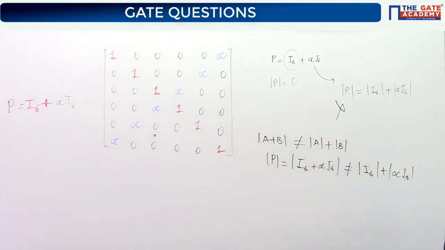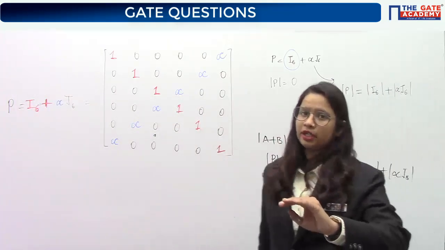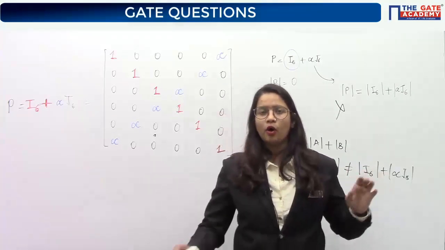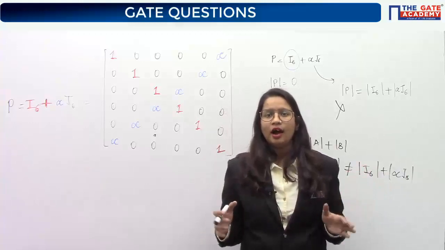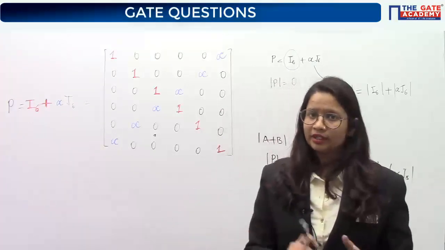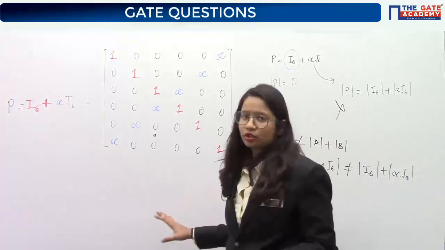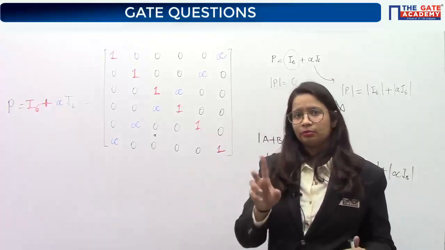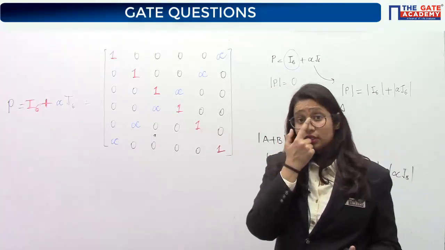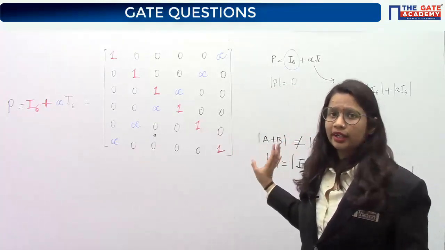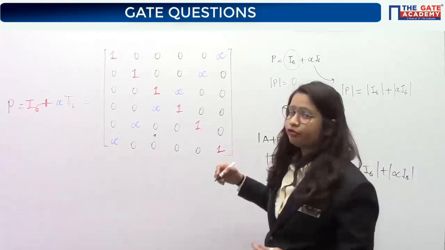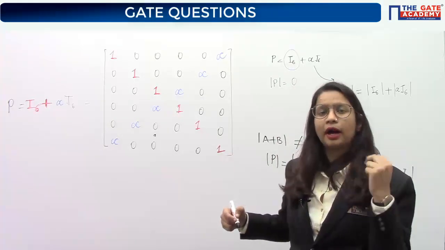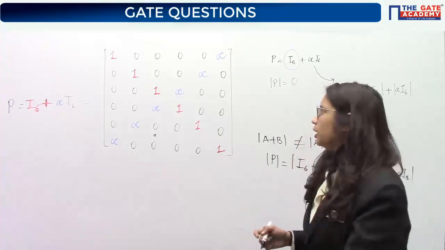So now we have seen some properties of when the determinant becomes 0. The first property is that when all of the elements of a particular line are 0, the determinant is 0. But here you can see that this is not so. In every column and in every row there is a 1 present. That means it will not be 0, and due to that property we can't get 0. But what can happen is that if two rows become identical, we have seen that if two parallel lines become identical, then the determinant is also 0.